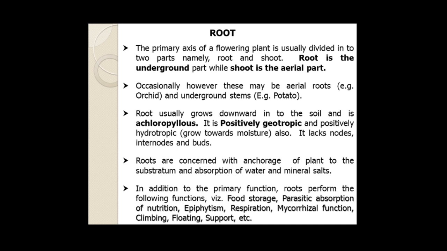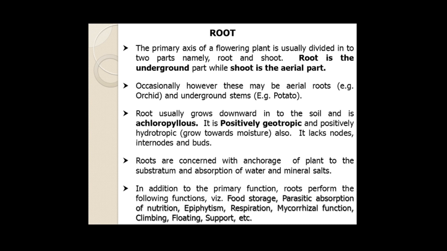Roots usually grow downwards into the soil and are non-chlorophyllous. That means it doesn't have any chlorophyll content in it. It is positively geotropic and positively hydrotropic. That means it grows towards soil and goes towards moisture. It lacks nodes and internodes and even the buds.